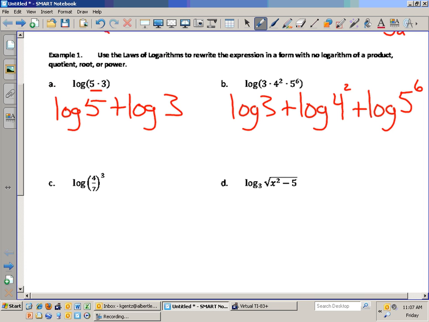So I'm going to rewrite it using my exponents. I'm going to rewrite it like this. Log of 3 plus what? 2 log of 4. Our exponent rule says you can take the exponent and move it down in front of the log, plus, what's the last piece? 6 log of 5.